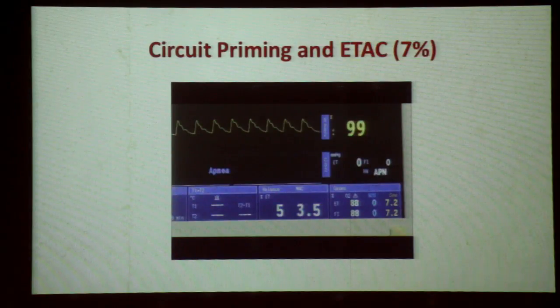So you prime the circuit up with a sevoflurane concentration. So the circuit is giving the same concentration as what you have set as an inspired concentration. And the moment you put the mask onto the patient, then you switch on the fresh gas flow and ask the patient to take a deep breath. That has to be simultaneous.